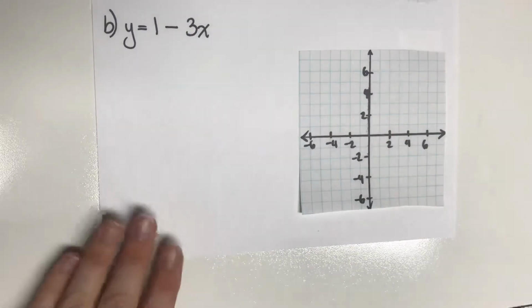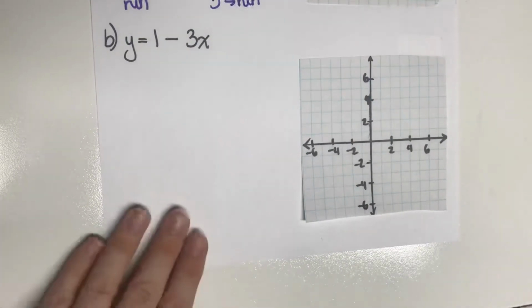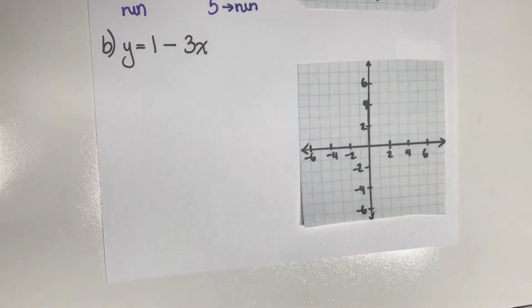Right, next example. y equals 1 minus 3x. So I first need to start by identifying the slope and the y-intercept. So that's my first step. Identify the slope and y-intercept.